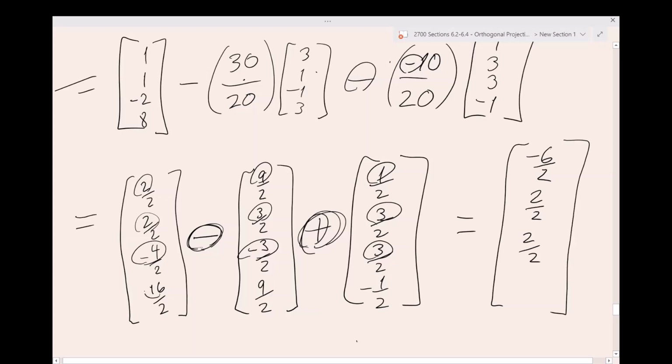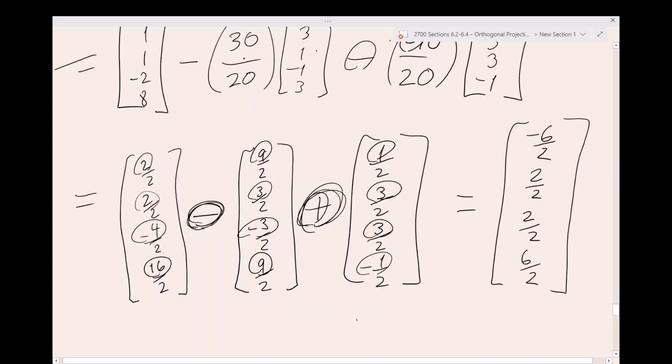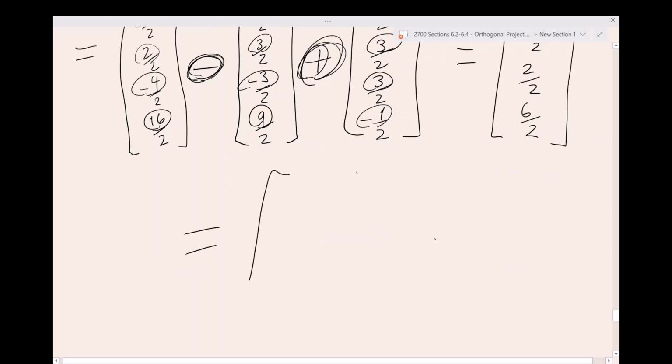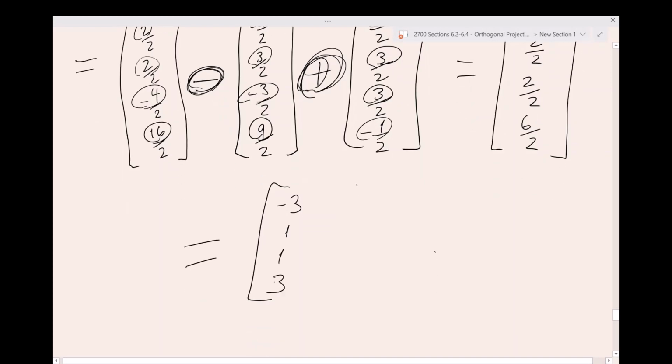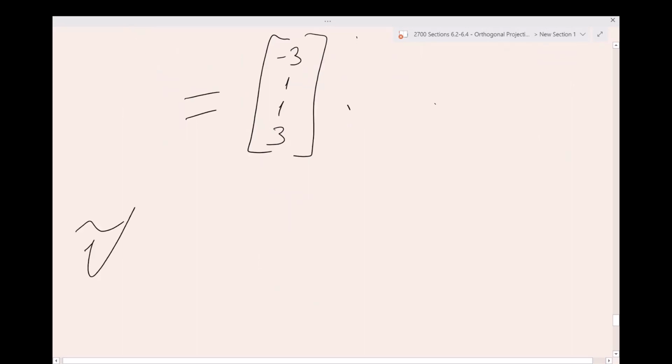And then finally, 16 minus 9, so that would be 7 plus negative 1, so 6 halves. And so what are we getting? We're getting negative 3, 1, 1, 3. So we can use that as our V3, and now we've got all the vectors we needed for an orthogonal basis.